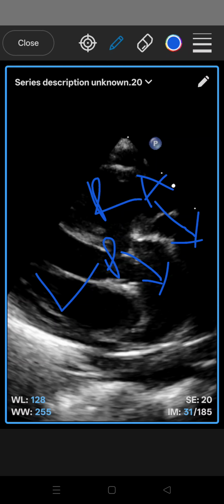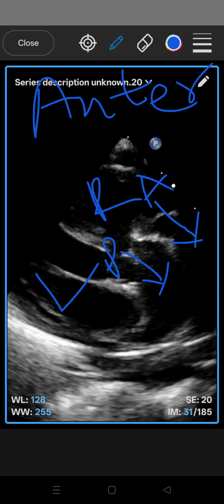Posteriorly you can see, because this is the most anterior part, and this is the most posterior part. So the upper part of the image is anterior and the lower part of the image is posterior.